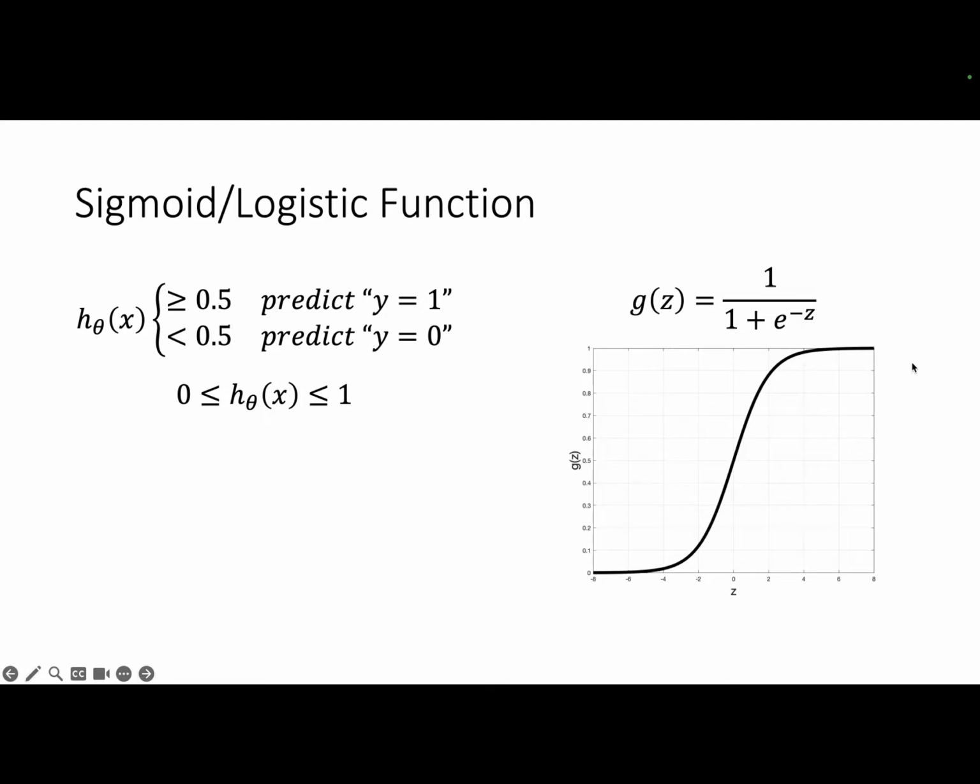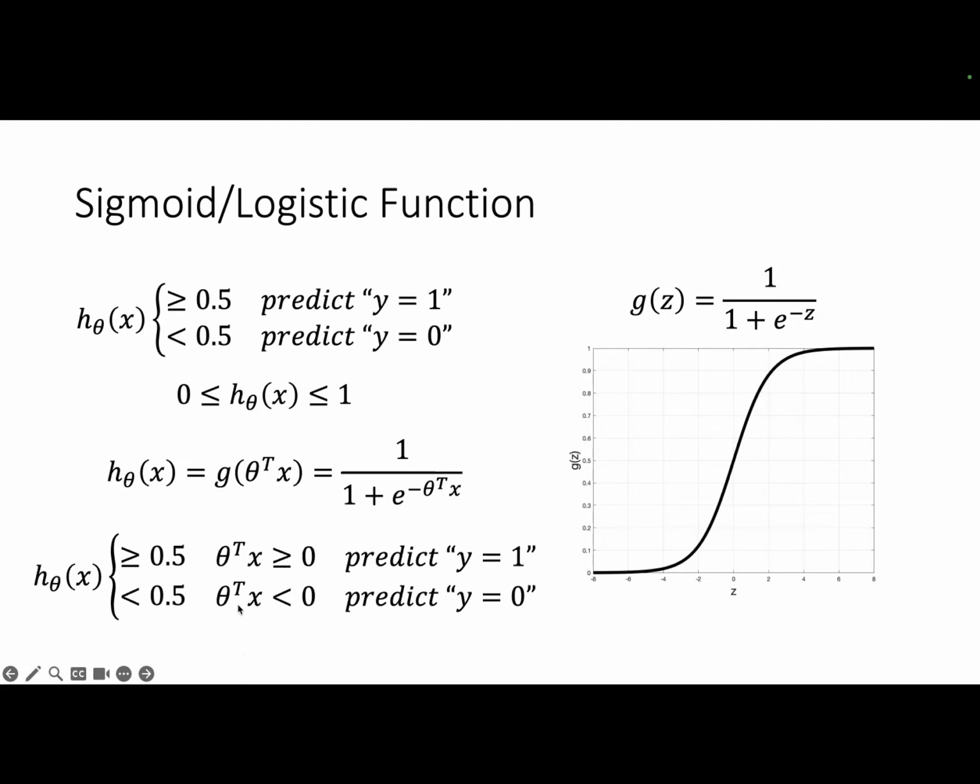Okay, and our hypothesis is then written as the sigmoid logistic function. So, the hypothesis theta of x is equal to the sigmoid function as a function of theta transpose times x. So, the z here, we replaced with theta transpose of x. Remember that x is our dataset and theta is the weights and the bias. So now we've incorporated the weights, the bias, and the dataset into our hypothesis using the sigmoid function.